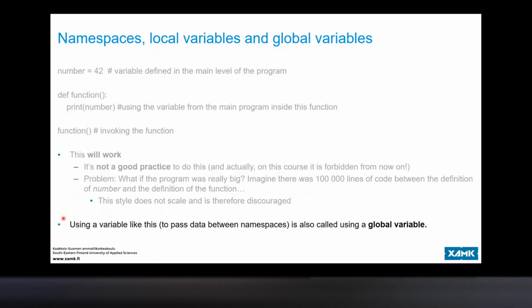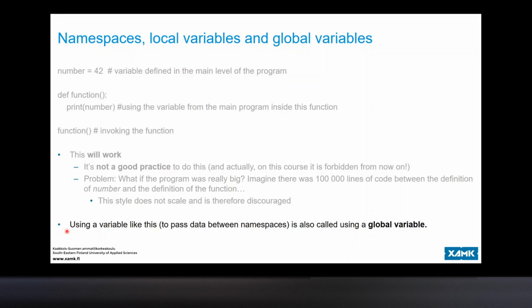Just as a reminder, we had this example where we have a variable with some value inside, and we are using that inside a function. Using a variable like that to pass data between namespaces is what is commonly known as using a global variable.